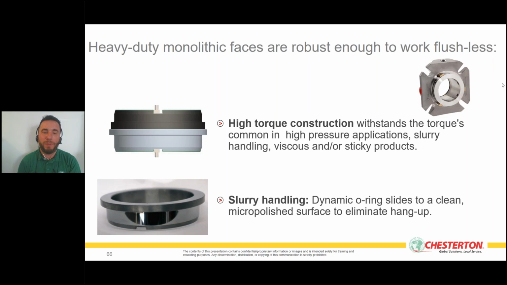That's what you see on the second picture. So that allows the O-ring to continuously work dynamically, even if we are pumping slurry, avoiding clogging. So that's why here again, we don't need to have a lot of flush, and we can also work flushless because we have these technical features around the faces shape to make them work without the need to dilute the process. And we have many experiences on that, of course.